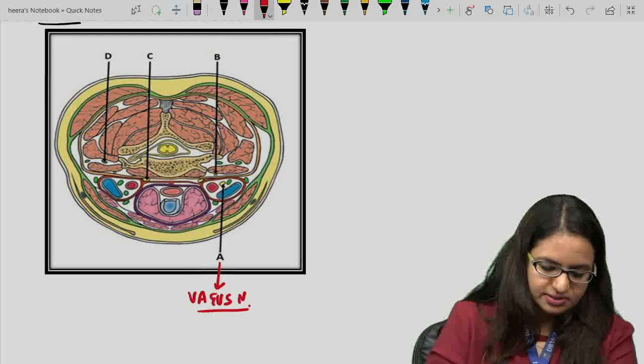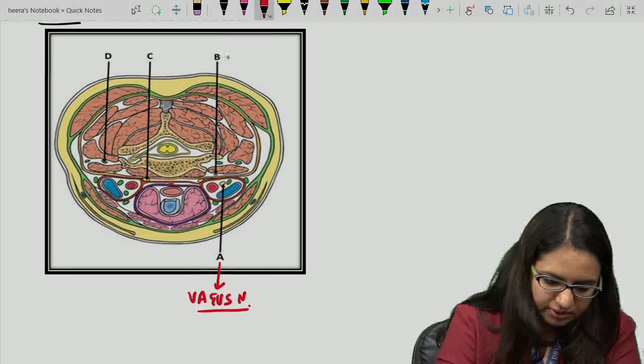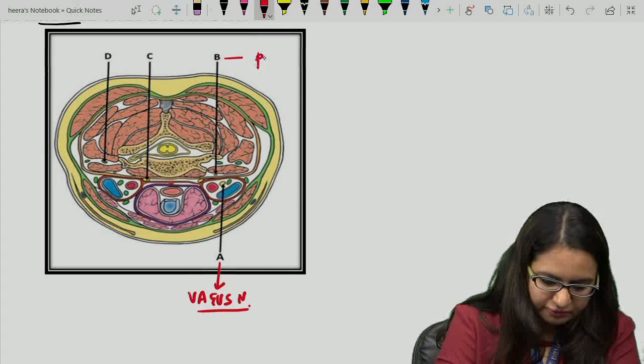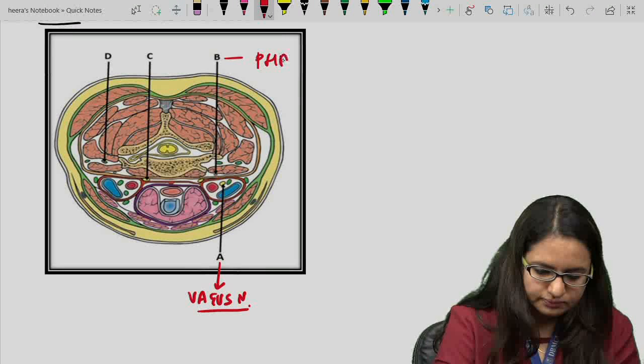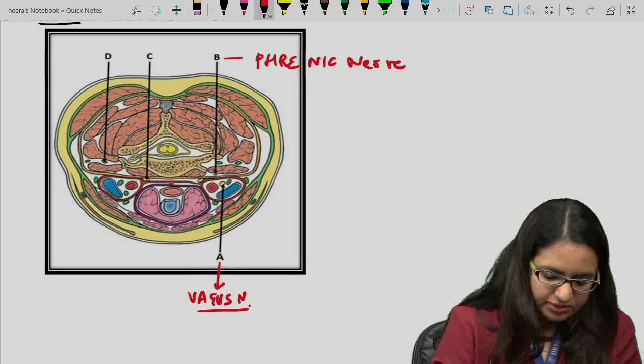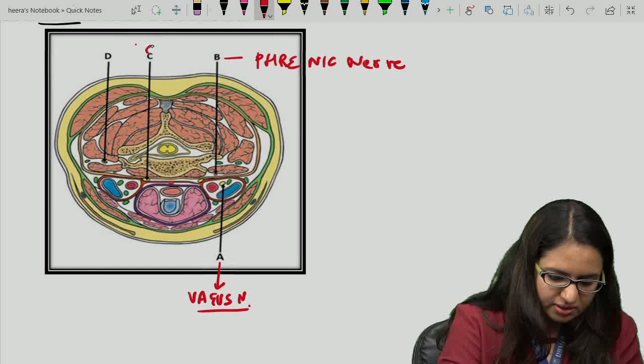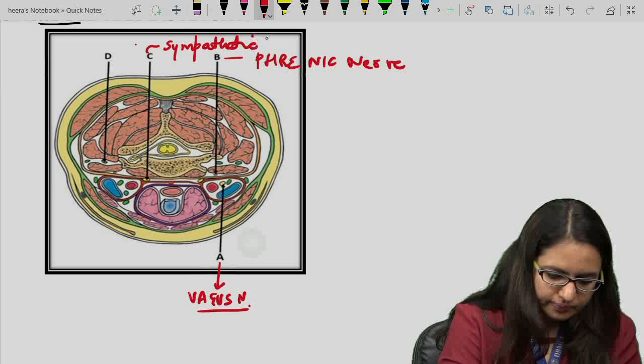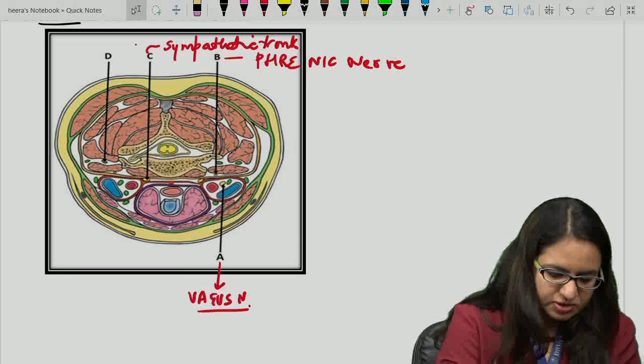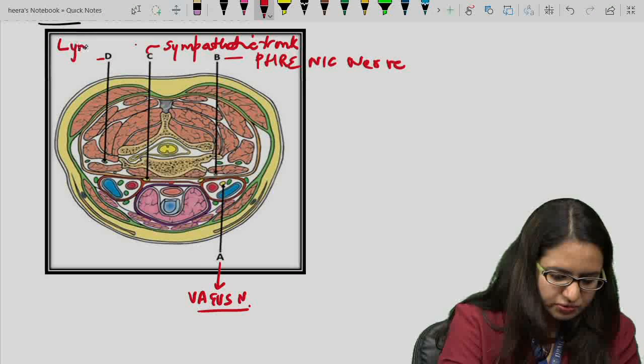The structure B over here is the phrenic nerve. The structure C is the sympathetic trunk. The structure D is a lymph node which is present over here.